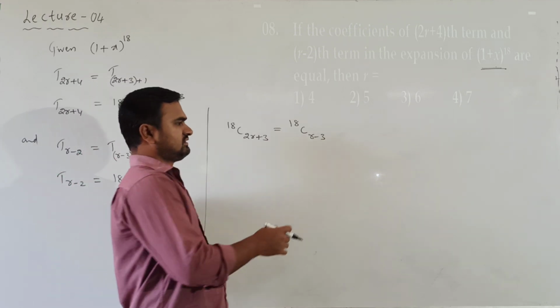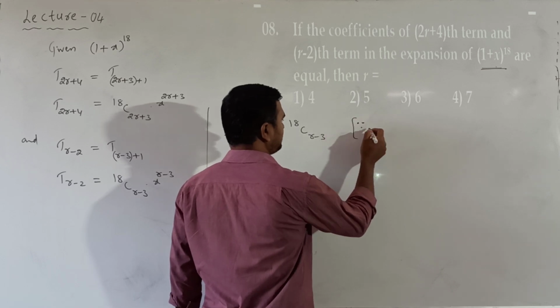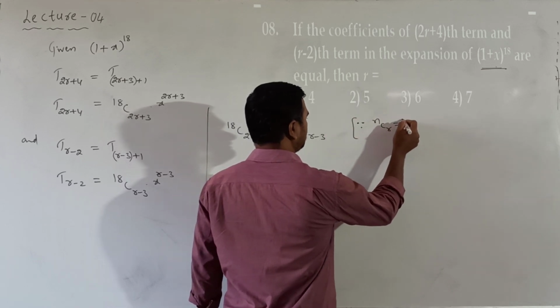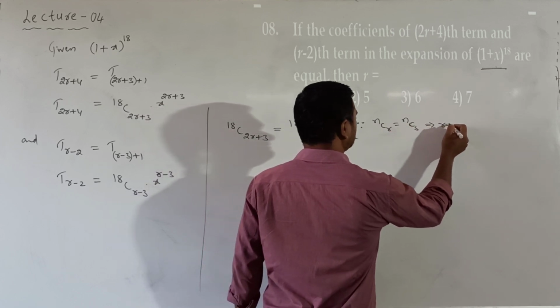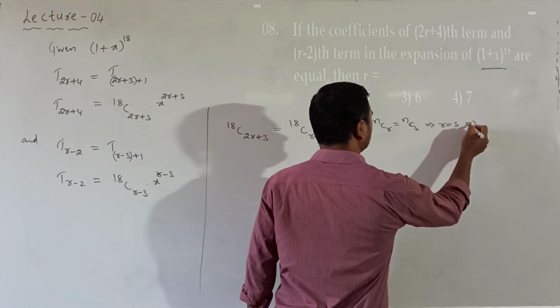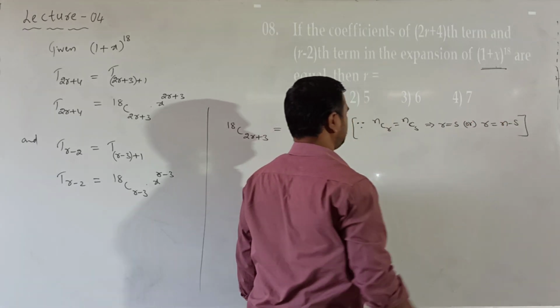Observe it is uniform: nCr is equal to nCs. What is the condition? When nCr equals nCs, either r equals s or r equals n minus s.